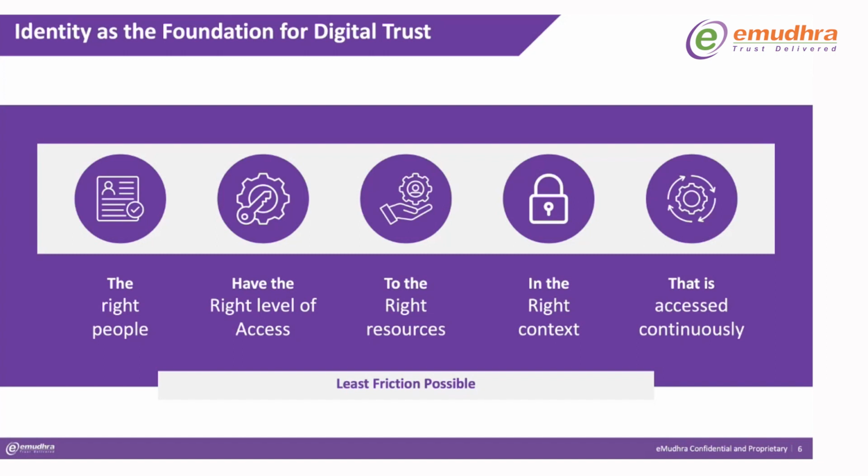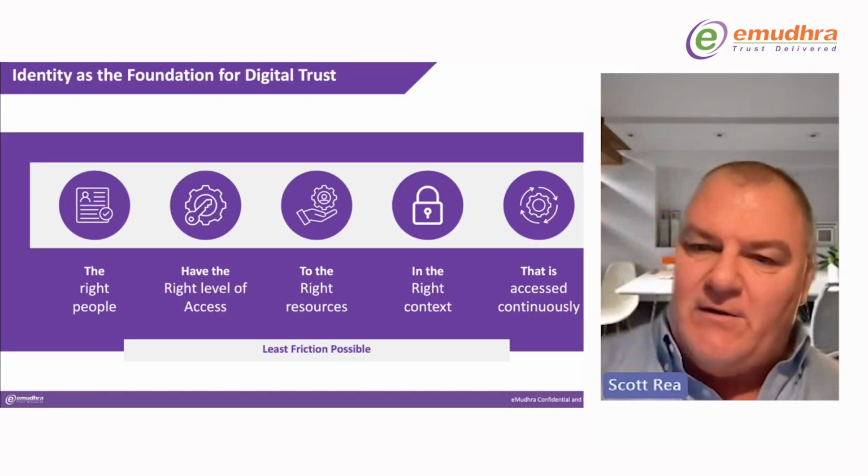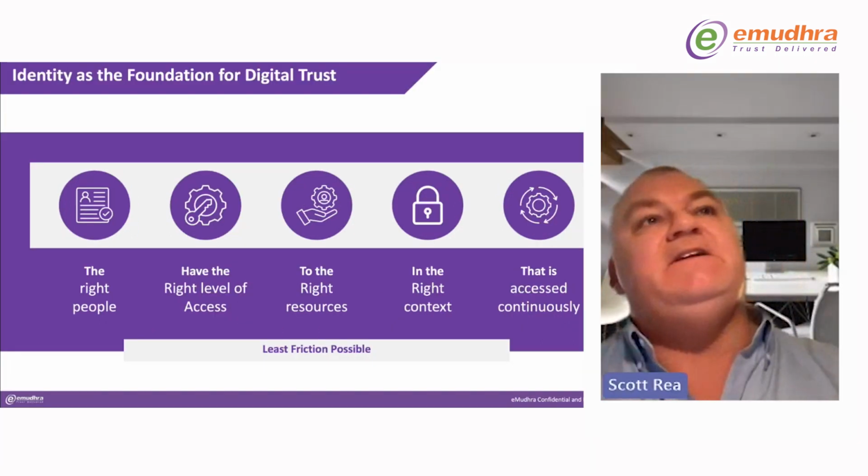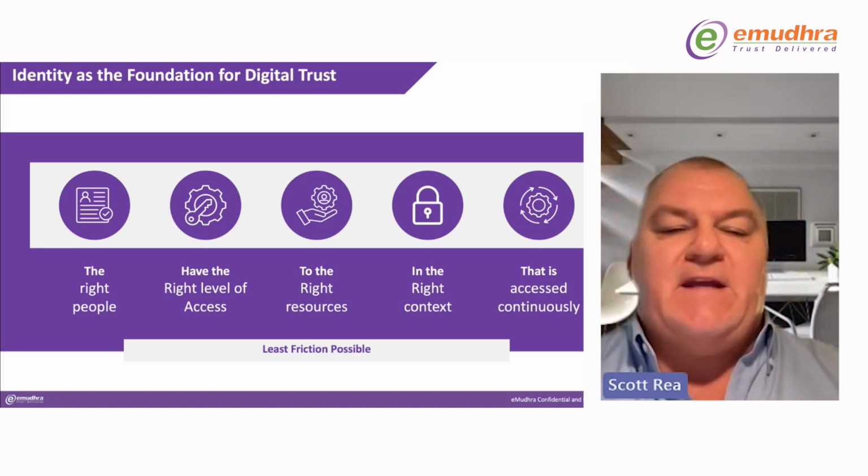So identity is critical to a zero trust paradigm, being able to identify and then assign rights and manage those rights of individuals, etc., or services within the environment that you're operating. So really, when we talk about trust, having an identity bound to a token, so we make sure that the right people have the right access to the right information or the right resources in the right context, and that it can be continuously authenticated over time.